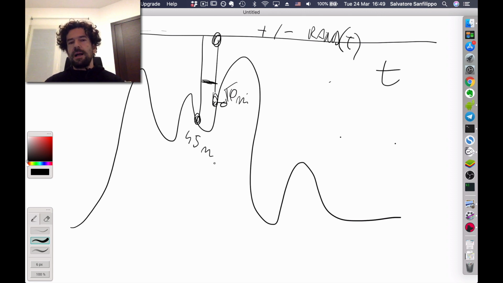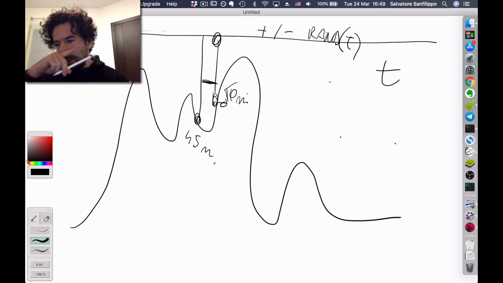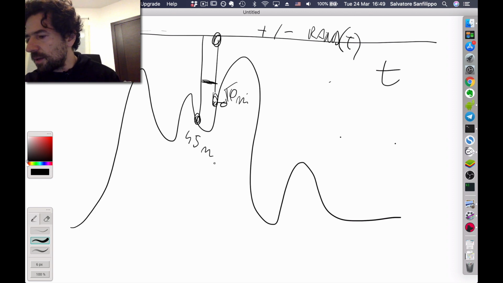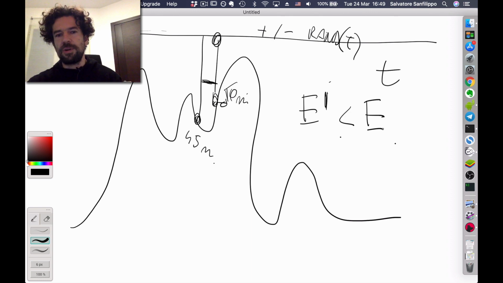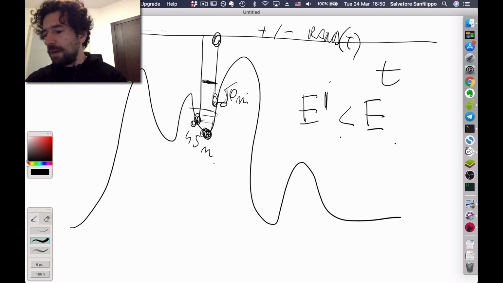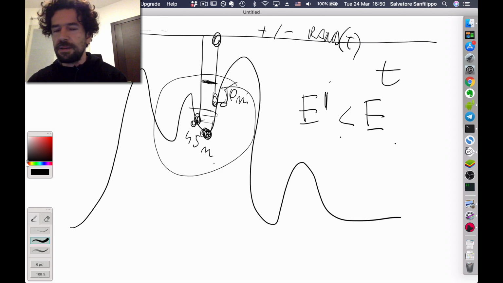However, how do I accept this solution as better than the previous one? If I only accept solutions where the error of the perturbated solution is smaller than the past error, what happens is that I will accept that, then I will try other stuff and I accept that, and I accept that, and finally I find the local best solution, so it's a local minimum.